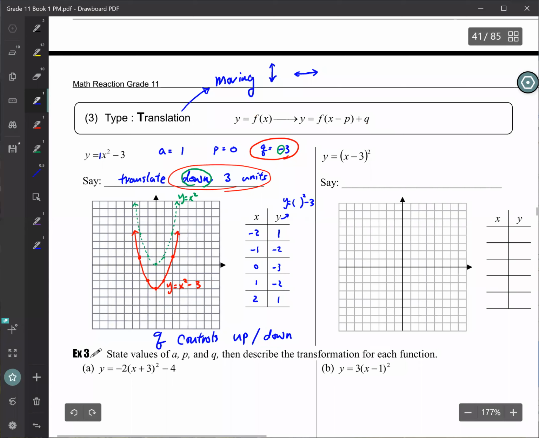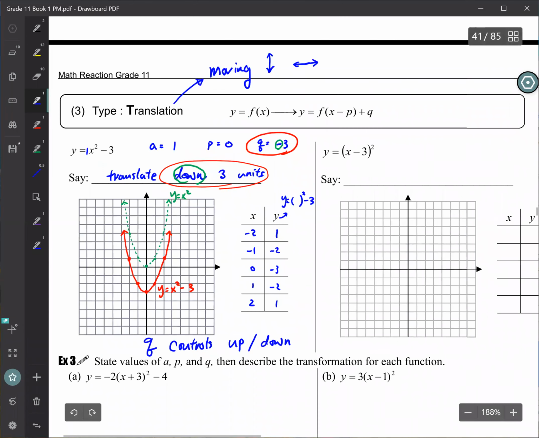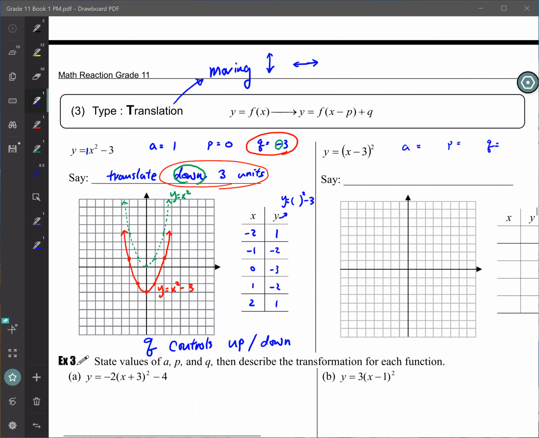So let's look at the next one, right? Let's do the same thing, write out APQ. Please raise your hand again if you got the values for APQ for this one.